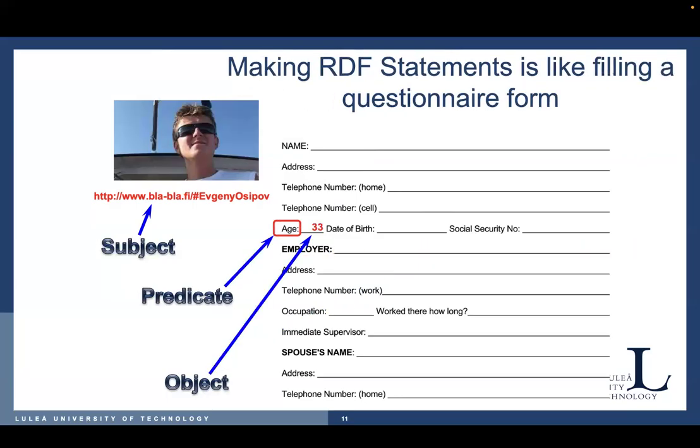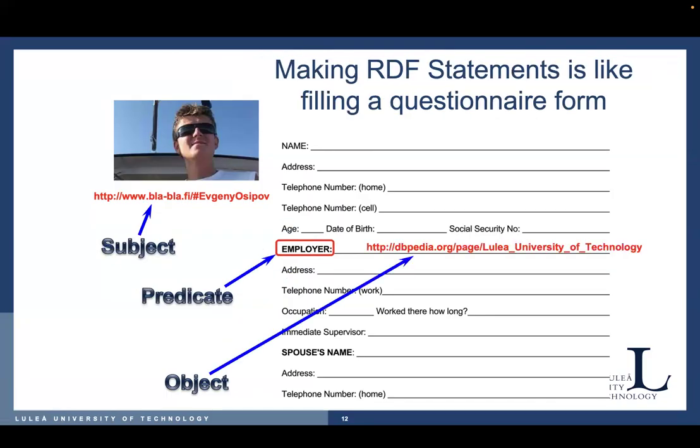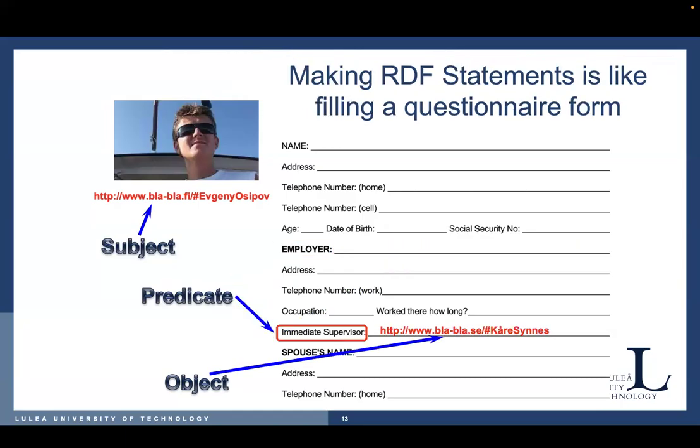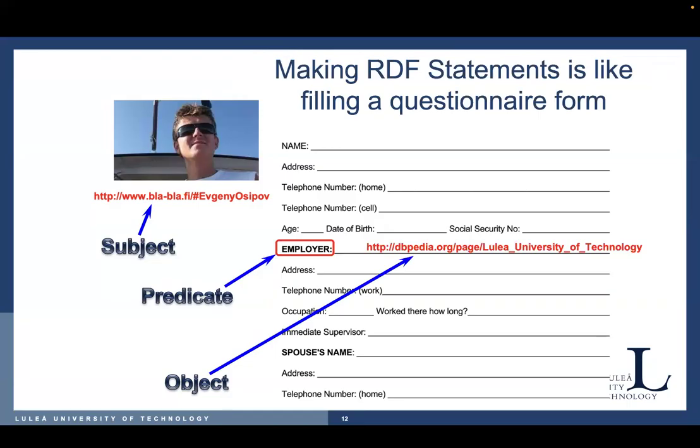So age is terminal. Basically, we are describing a resource, me in this case. So me has age and then a particular age. Me has employer, and then you indicate who is employer, etc., etc. And again, you see here a different usage.